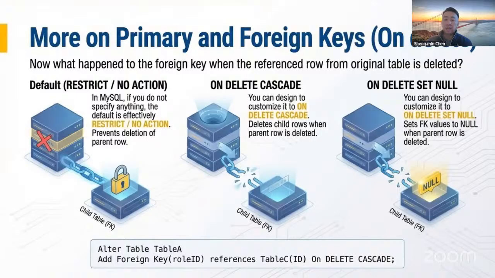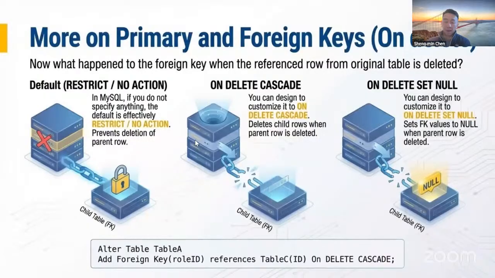What on delete set null does is, instead of updating accordingly to the primary key by deleting the entire row, you are just setting null on that attribute, each of those rows' foreign key, only.